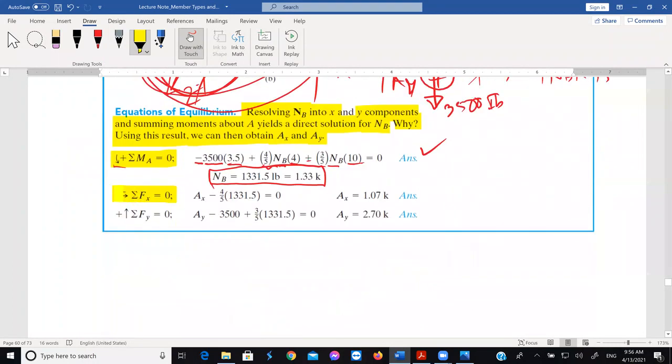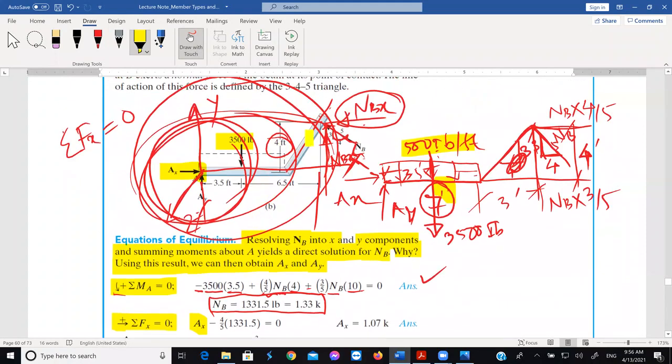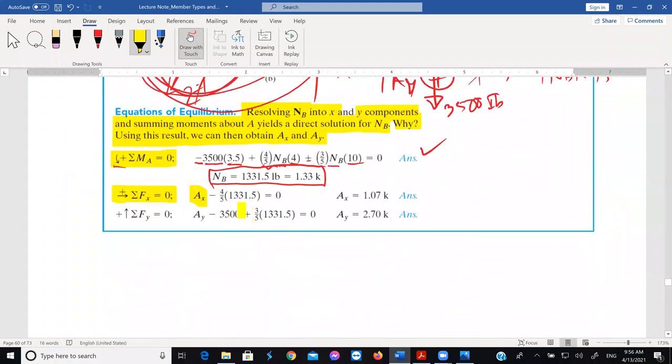And if we use the rightward direction as positive, that's why AX is positive here. And NBX is going to work in the leftward direction, and the magnitude is 4/5 times NB. They have written here in pound, so you can just use it in kips, like 1.3533 kip, and you can get the horizontal reaction at AX equal to 1.07 kip.